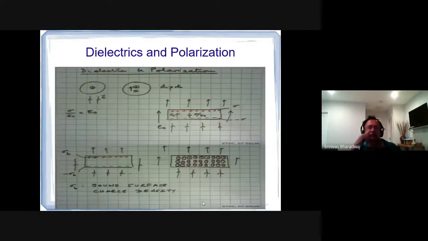All right. So now, to wind this down, we are going to introduce some additional ideas. The first is what happens in the context of a dielectric, dielectrics in the context of the charged capacitor.